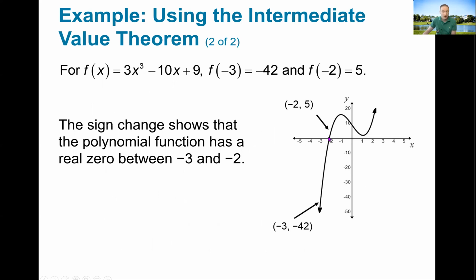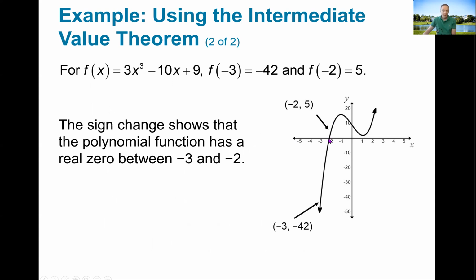Now, we do not have to find the specific x value. All we have to do in the intermediate value theorem is show that, since f(-3) gave us a negative and f(-2) gave us a positive, there is some x value in between -3 and -2 that gives us a 0.